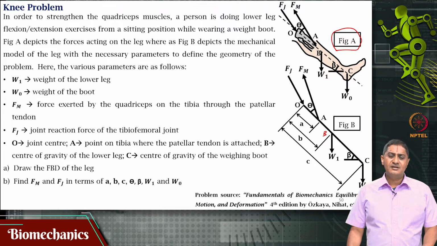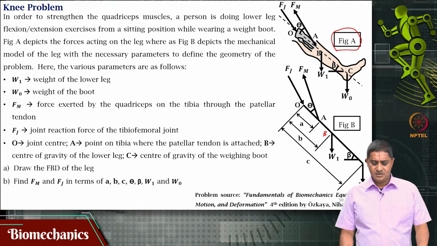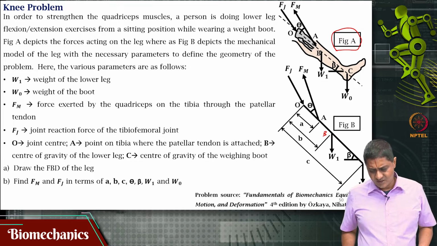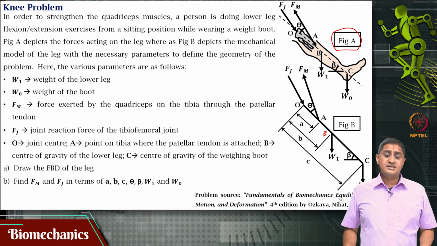The question is, find the muscle force Fm and the joint reaction force Fj in terms of the distances A, B, C and theta, beta, W1 and W0. A question is, how do you know theta? Because I know A, B, C somehow.